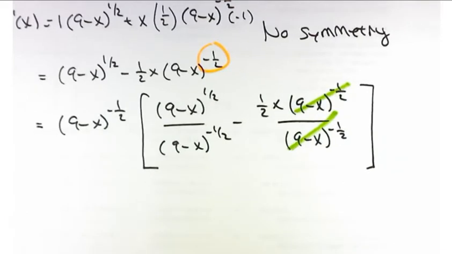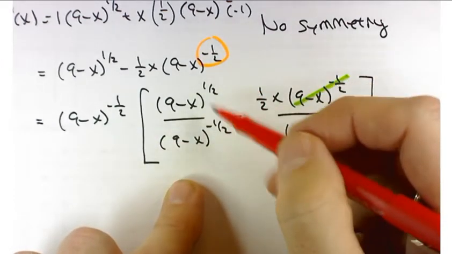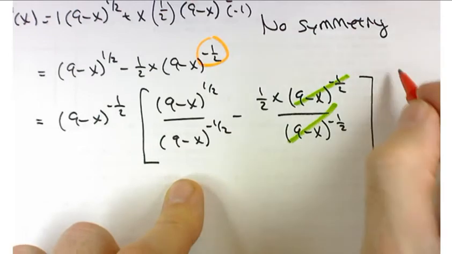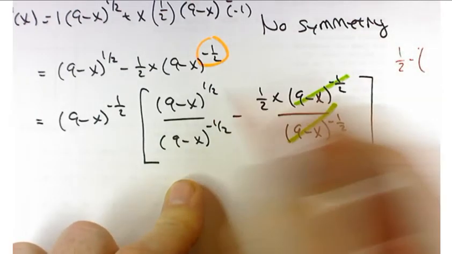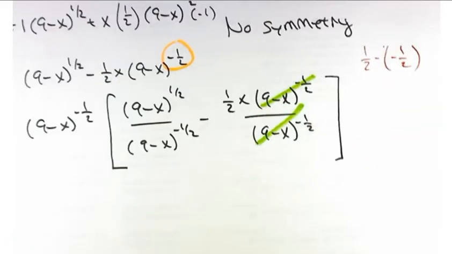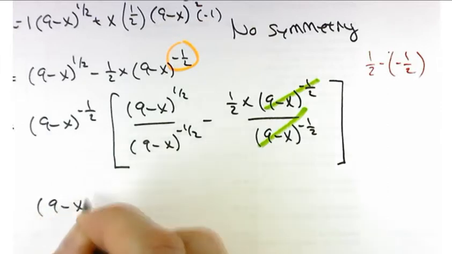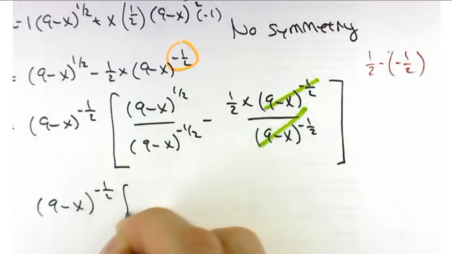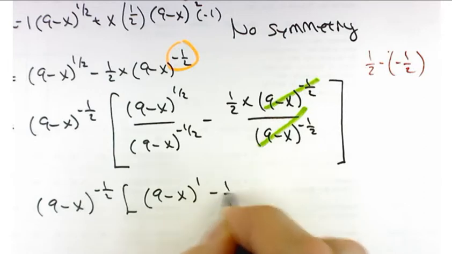But you've got to be a little bit careful in order to get that. We have to subtract exponents here because we're dividing things with the same base. What do I get when I take 1/2 minus negative 1/2? 1. Yeah, thank you. We get 1. So (9 minus x) to the negative 1/2 times (9 minus x) to the first power minus 1/2 x.